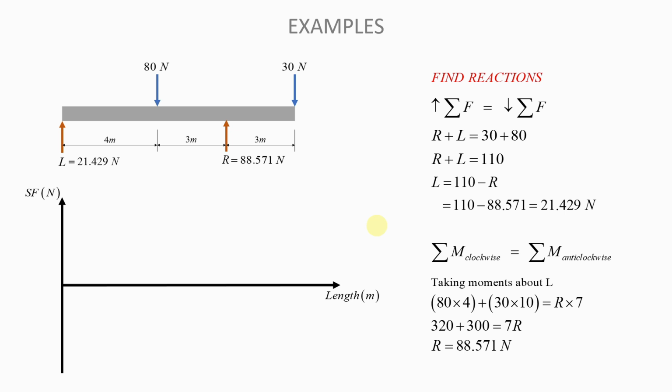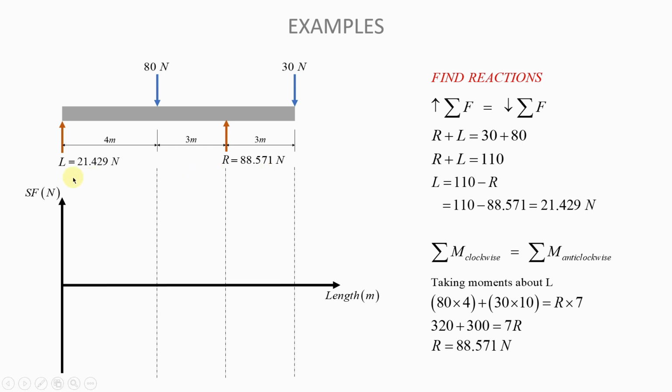So in this case, the beginning of the beam is here, the end of the beam is there, so those will be points of interest. But also, where you have point loads that are being applied, these will also be points of interest. So here is a point of interest, and there also is a point of interest. And so you need to draw vertical lines at all the points of interest, okay? You can see that.